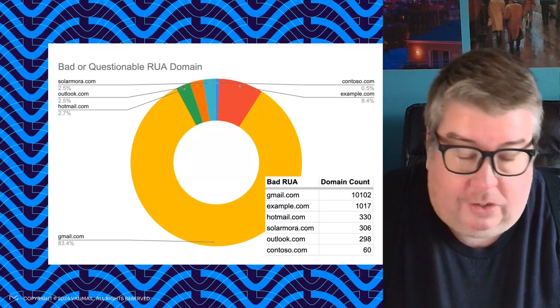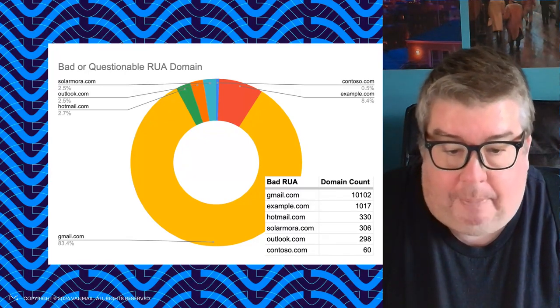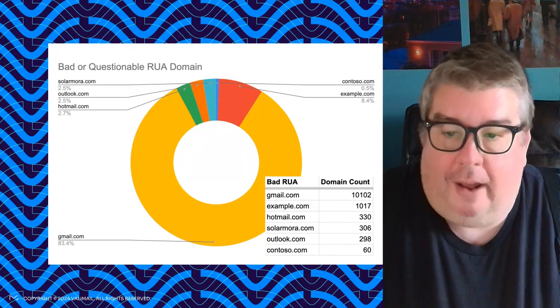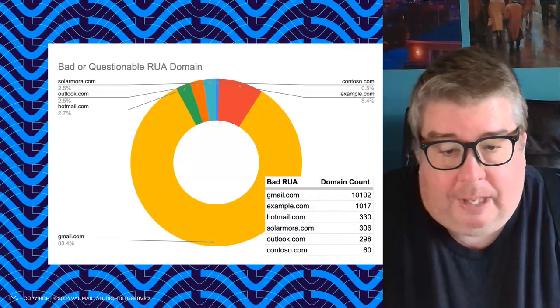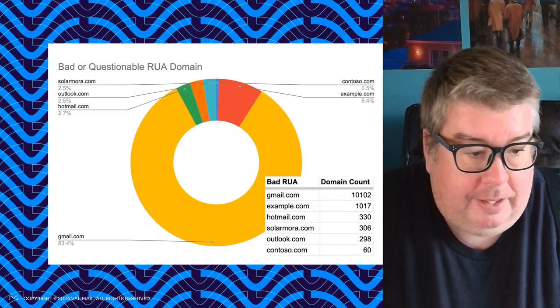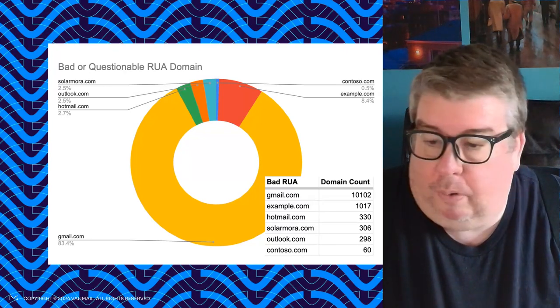By the spec, they shouldn't be getting it all. And then you've got these example domains, right? Example.com, solarmora.com, contoso.com. Those should never, ever, ever show up in a DMARC record. They're not real, right? More than 1,000 people put example.com in their DMARC record. Here's a newsflash for you. Example.com is not accepting DMARC reports for you.